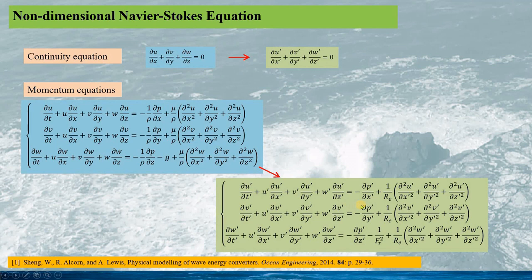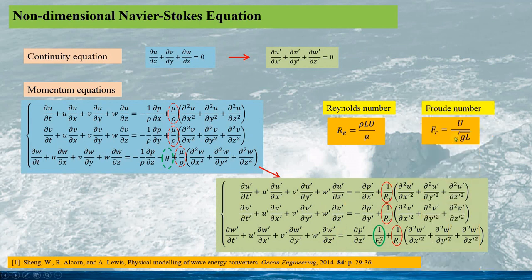Navier-Stokes equations. We can see in the non-dimensional momentum equations, we have the non-dimensional number Re, the Reynolds number, defined in this formula based on the characteristic length L and the velocity U. Another difference is the Froude number Fr, which is defined in this form.